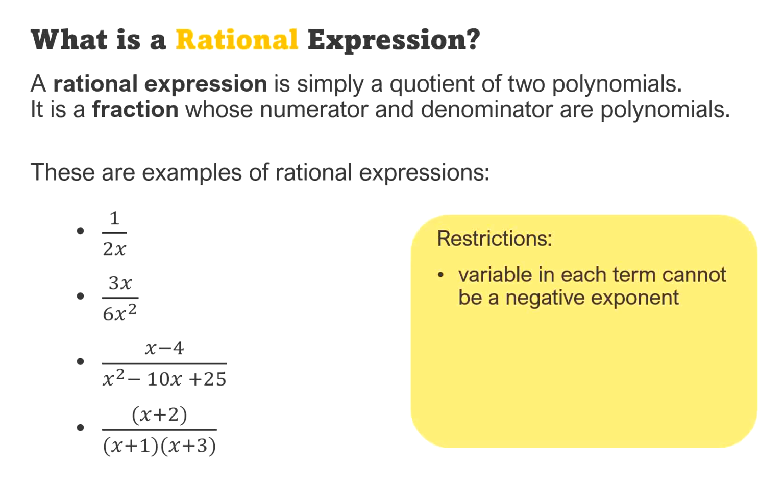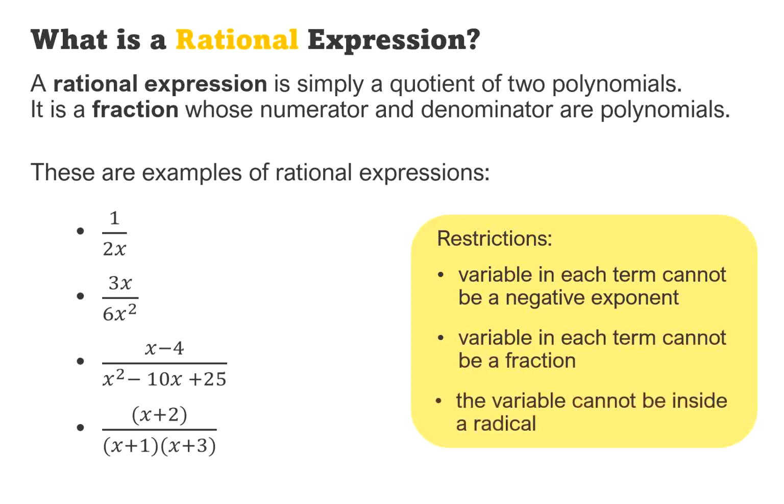So, wala tayo dapat na negative exponent, wala tayo dapat na exponent na naka-fraction form, at wala rin tayong variable na nasa loob ng radical sign. So, hindi po pwede yun. So, ito yung tatlong restriction, okay? To determine na yung given ba natin ay rational expression.